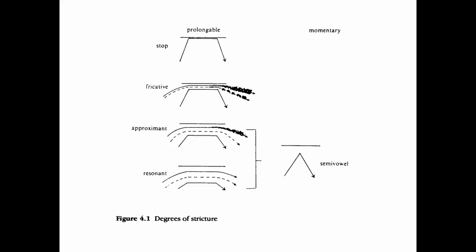All right, so here's a visual to help you think about whether you can prolong a sound or not. But you can often just try these out on your own and figure out for yourself whether you can prolong a sound or not, just based on knowing which sound goes in which group. So a stop would be a sound like p, just that p part of the sound. If you try to prolong that p, you're just going to get a longer amount of time where your lips are together.